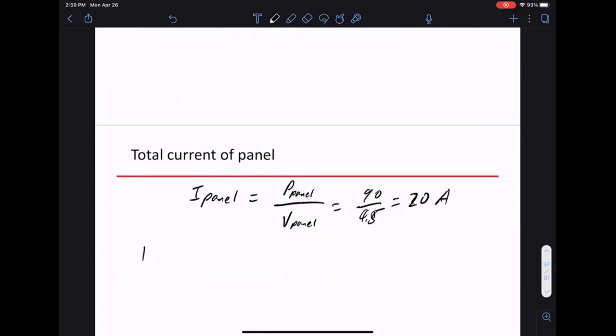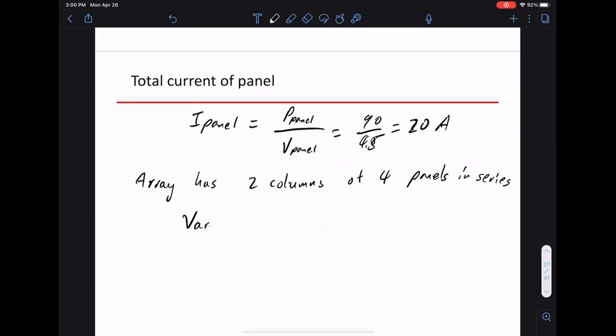So if you build an array out of this, it has 2 columns of 4 panels in series. This is nothing but you keep stacking again. You treat each one of them as an individual block, and you can keep stacking them.